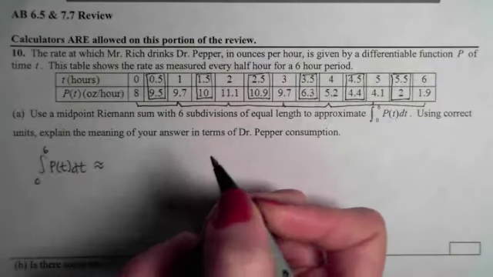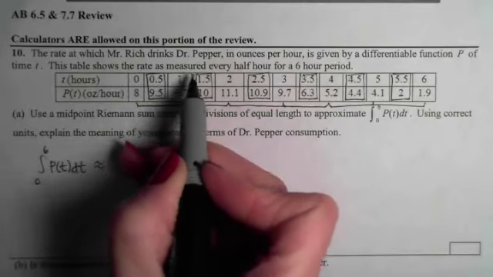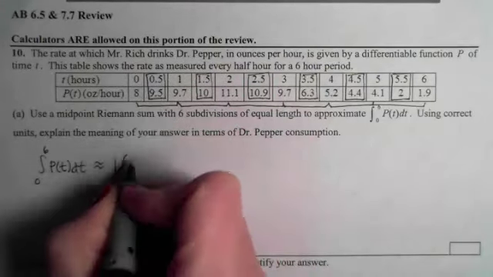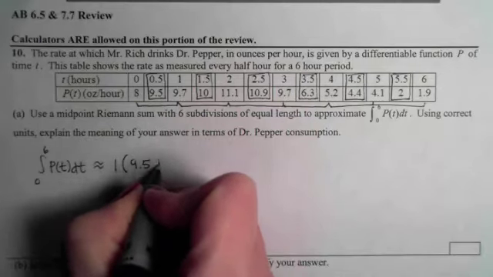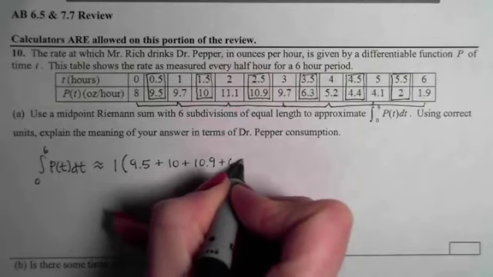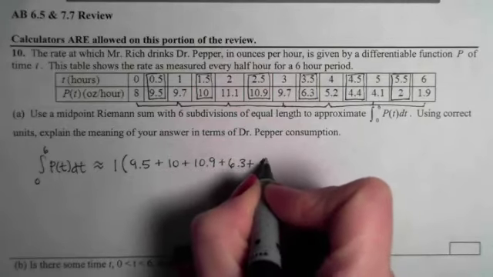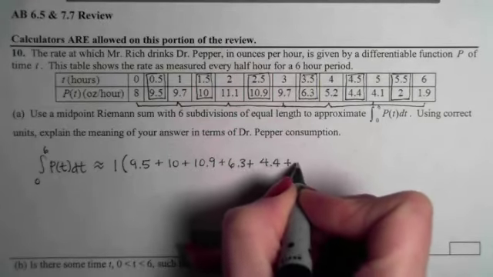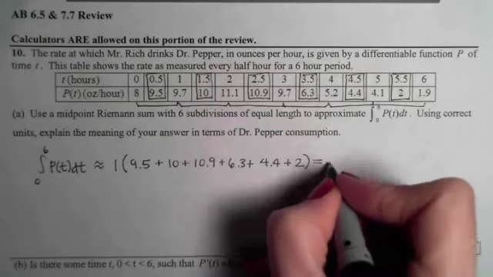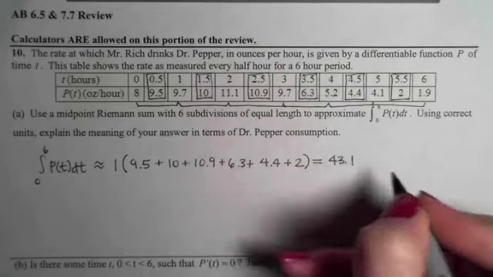So the width of each subinterval is 1, and then the height comes from the output, which is 9.5 and 10 and 10.9 and 6.3, 4.4, and 2. Add that all up and it looks like we get a 43.1.